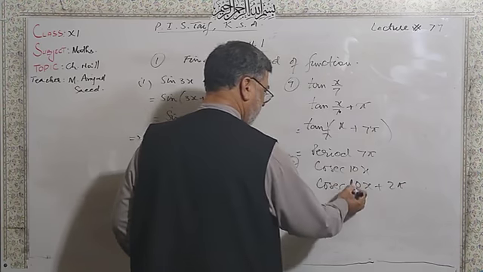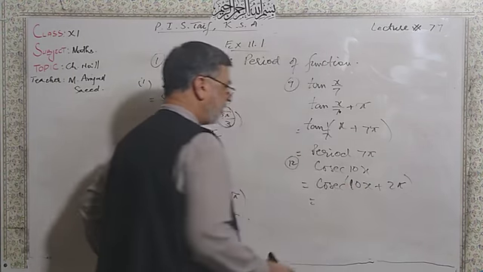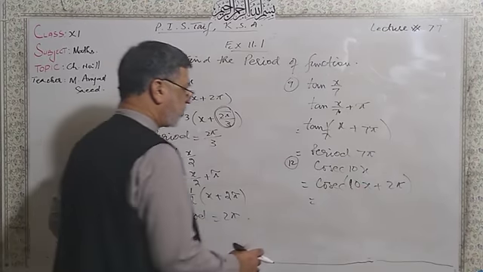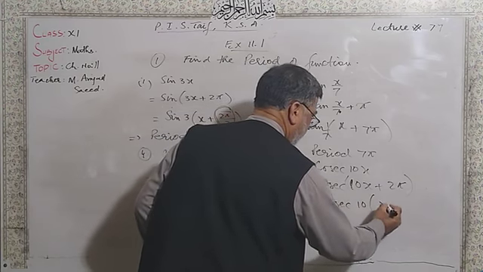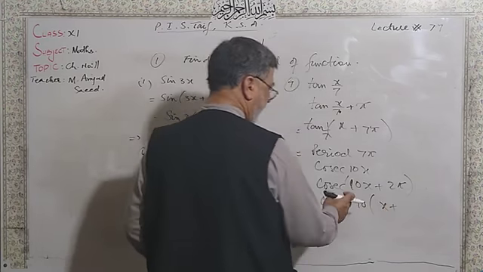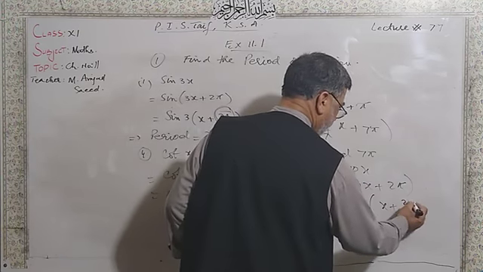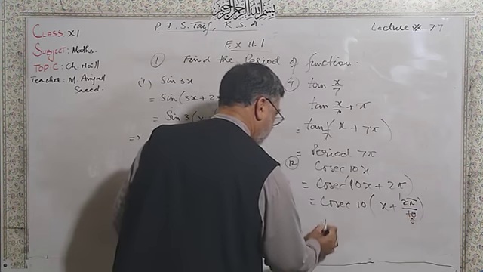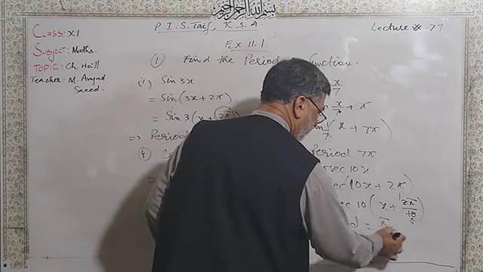Yes, there is 10x; add 2 pi in the angle. So taking 10 common, here is multiplying and inside you will divide. 2 pi over 10 is pi by 5. So what is the period? Is equal to pi by 5.